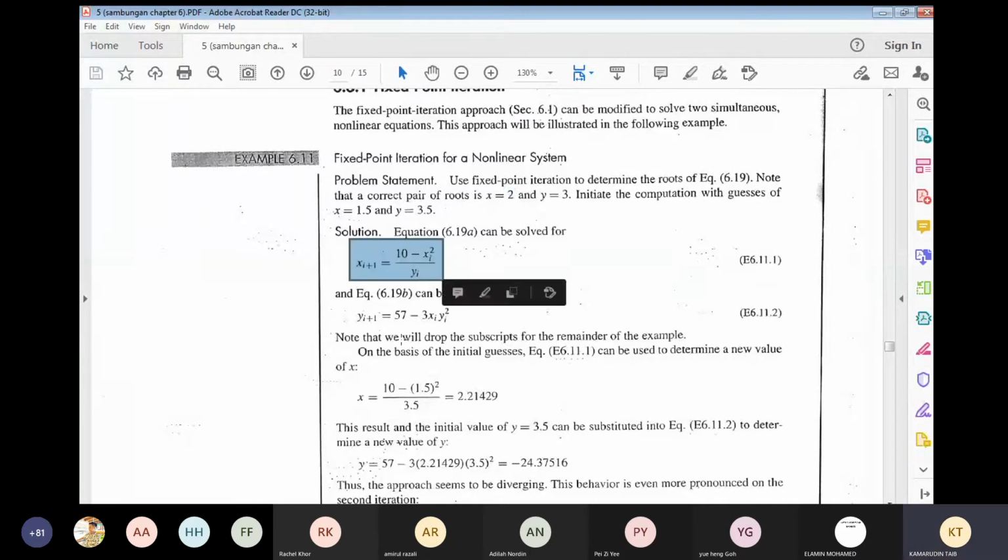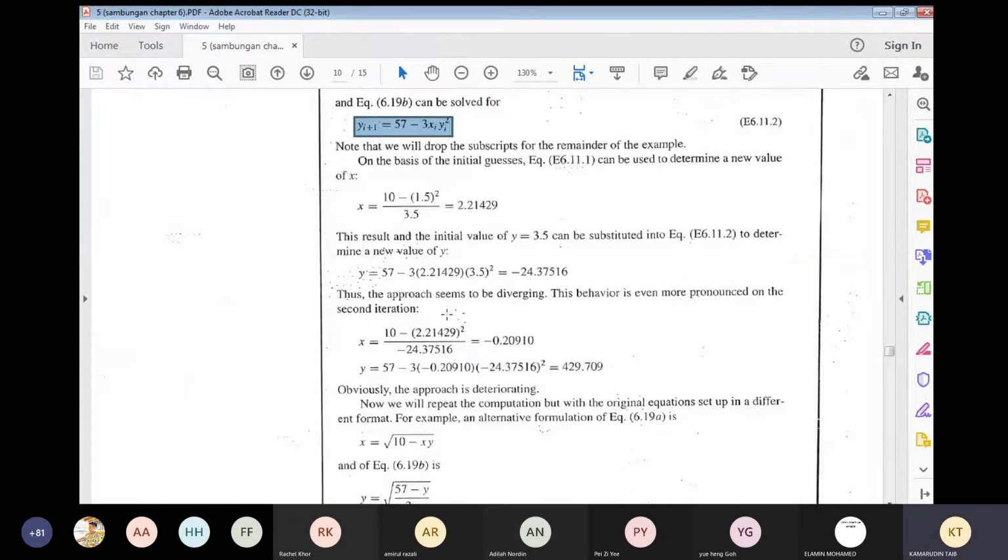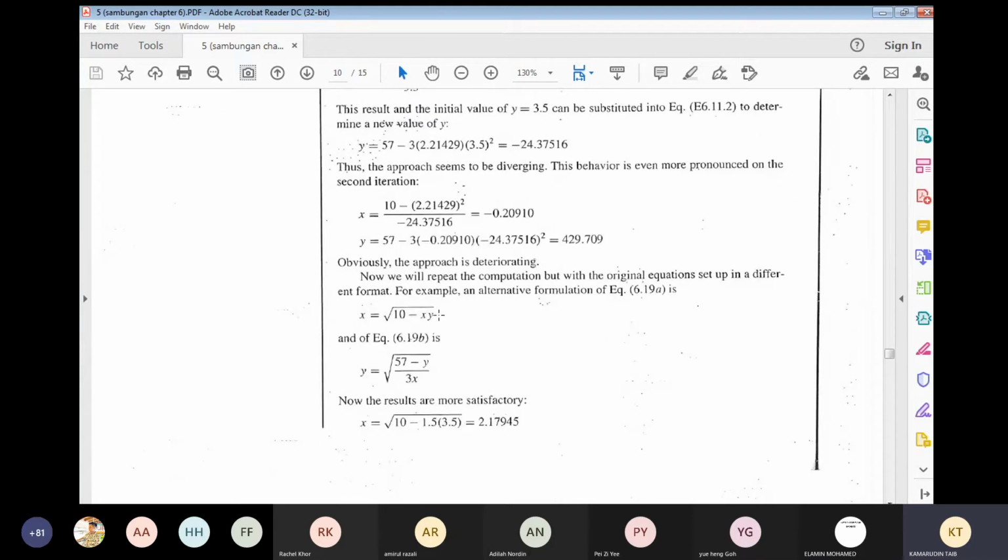To have the solution converge, we change the format of writing the equation as x equal positive square root of 10 minus xy, and y equal positive 57 minus y over 3 over x. Just now I said we can write x equal plus minus, correct? Plus minus square root of 10 minus xy.